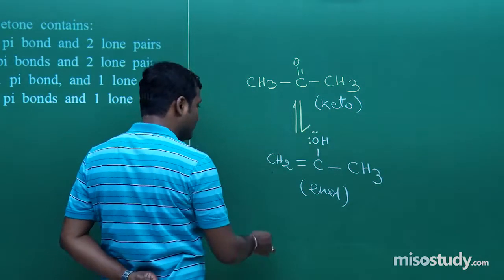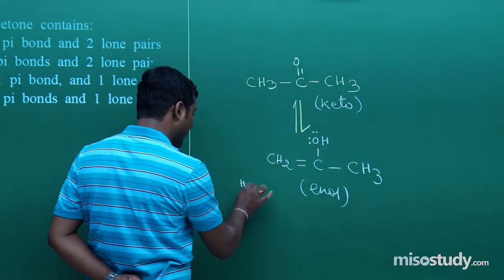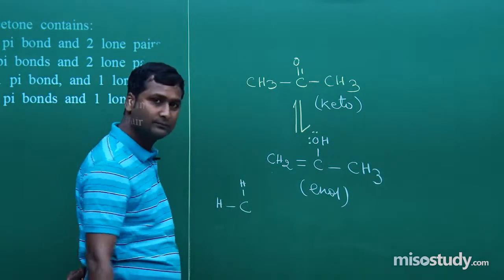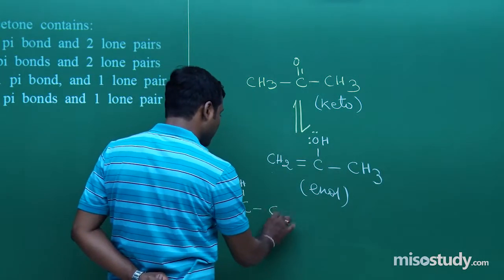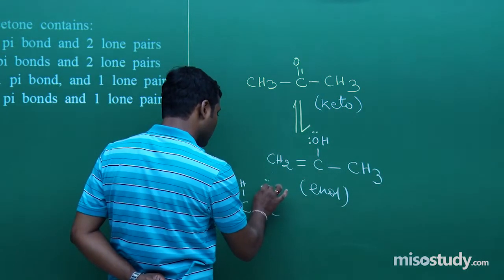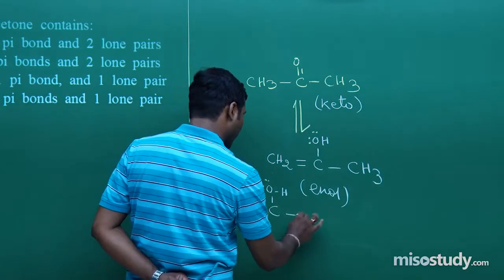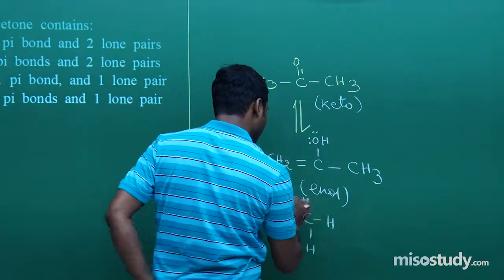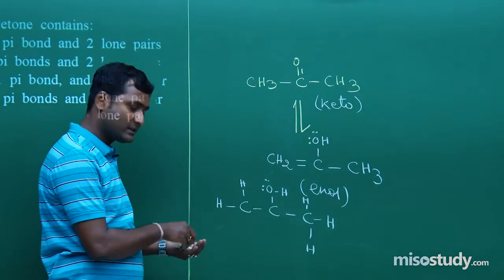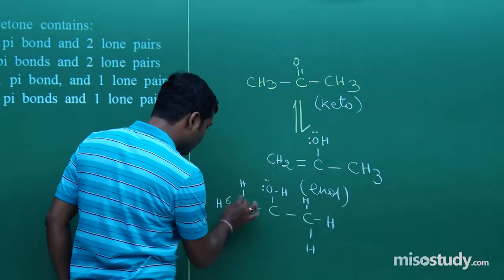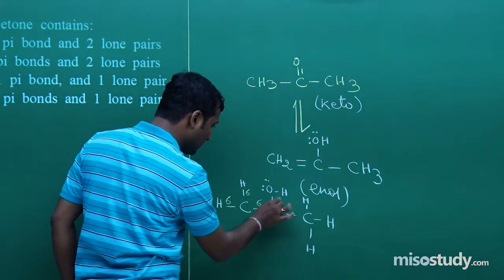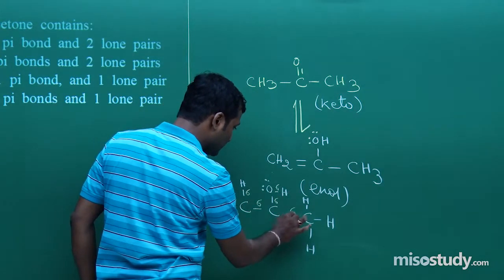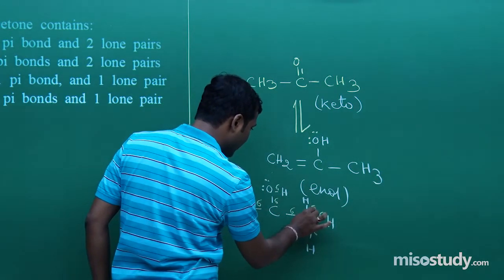Now check it out. If I write like this, C with H, H. Now C, this one is O, then this one is H, and this one C, H, H, and H here. Clear? Now count the sigma bonds: 1, 2, 3, 4, 5, 6, 7, 8, 9.